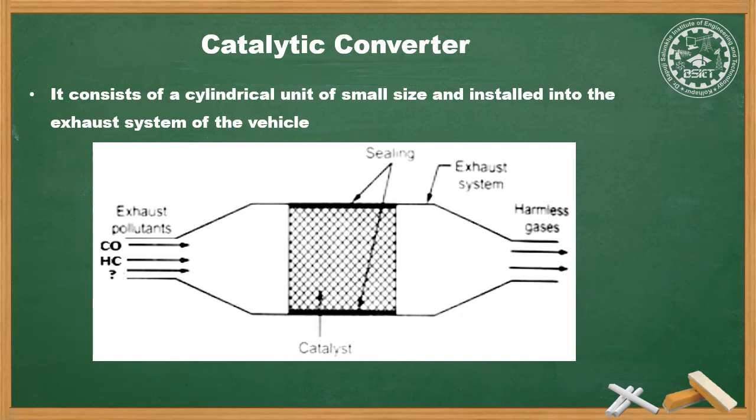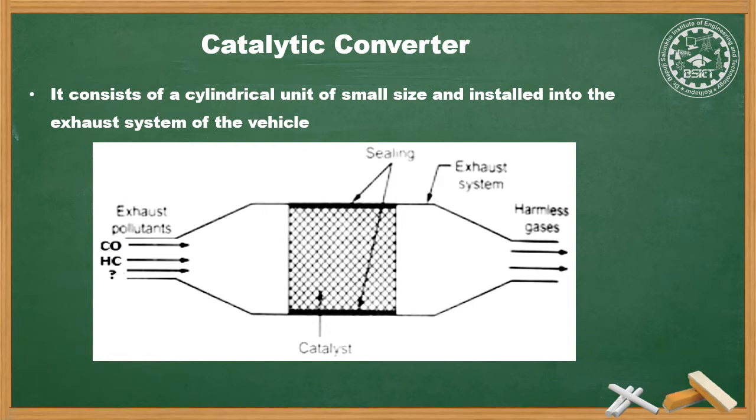Thereafter, a second coating of precious metal, platinum, palladium, or rhodium, or a combination of the same. This second coating serves as a catalyst, as shown in figure. The catalyst is a substance which causes a chemical reaction that normally does not happen in a given condition.